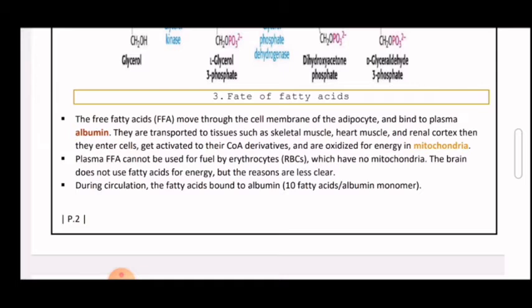Oxidation occurs inside mitochondria. Why? To be as near as possible to the electron transport chain, if you remember. And if you do not remember, go to the previous episodes for the locomotor module.